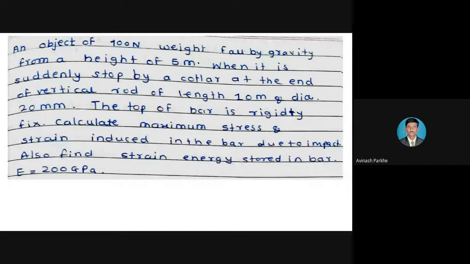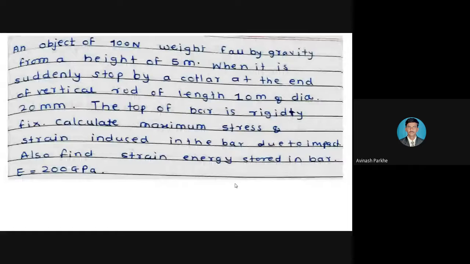Now the statement is in front of you, so I will read it. An object of 100 Newton weight is falling by gravity from a height of 5 meters.